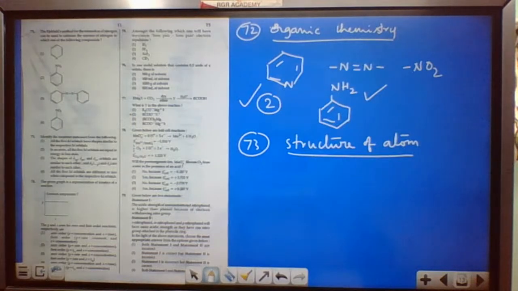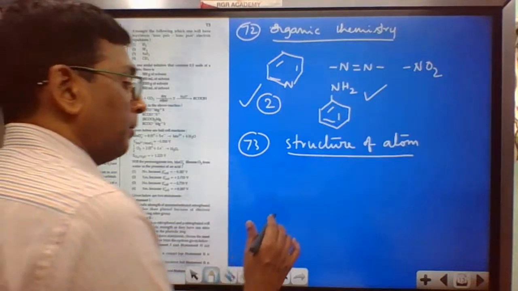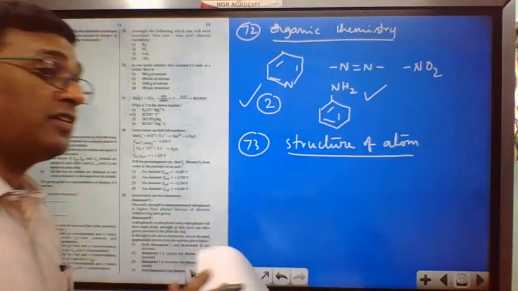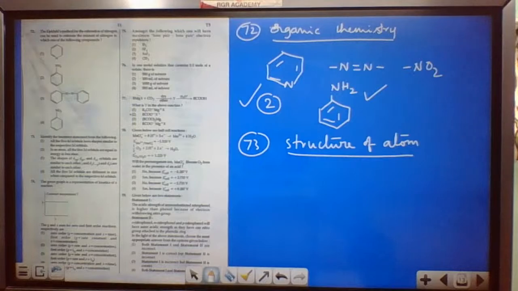Next, in an atom, all the 5d orbitals are equal in energy in free state. It's correct. Whereas in a magnetic field or electric field, they split into 2 groups, T2g and Eg, that is dxy, dyz, dzx, dx square y square and dz square.